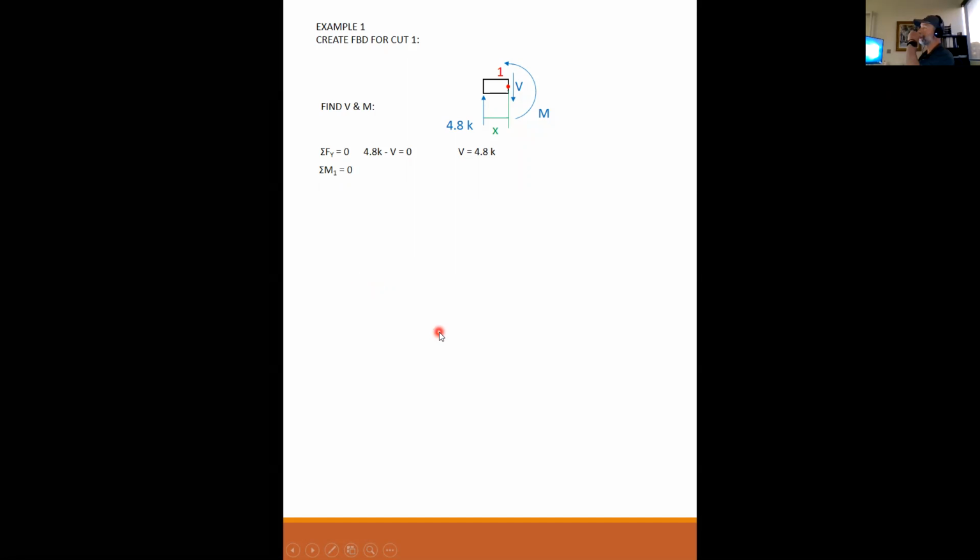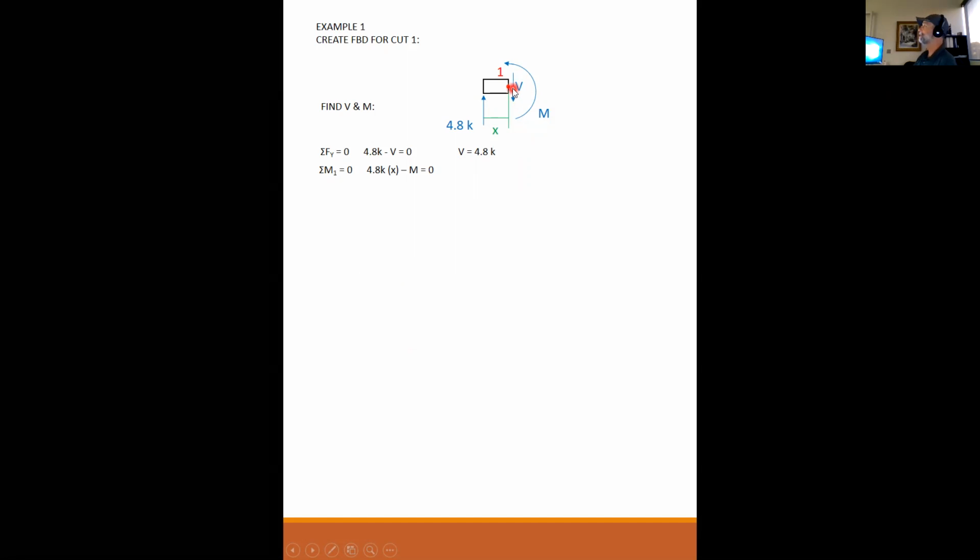So therefore, my shear is equal to a positive 4.8 kips. I can sum my moments. I call this M1 because this is cut 1. So I'm finding the moment along cut number 1, so M1. Sum the moments are equal to 0. I have 4.8 times x, and I'm summing about the red dot right there.